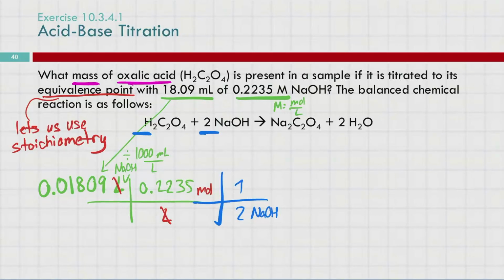So we divide by 2 to switch chemicals. And then we have to multiply by the molar mass of oxalic acid, which is 90.034 grams per mole. Moles cancel.